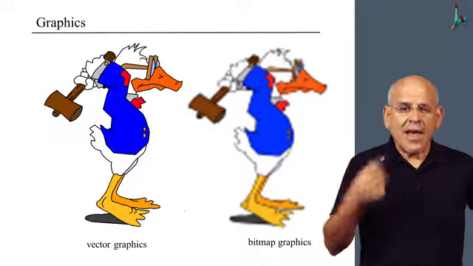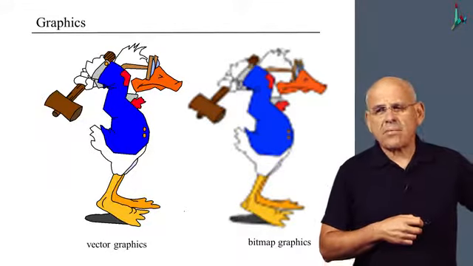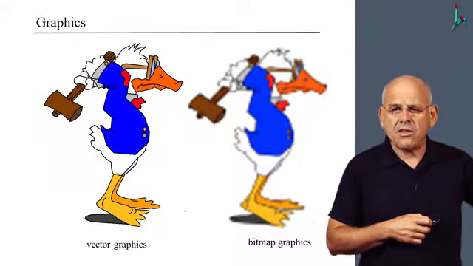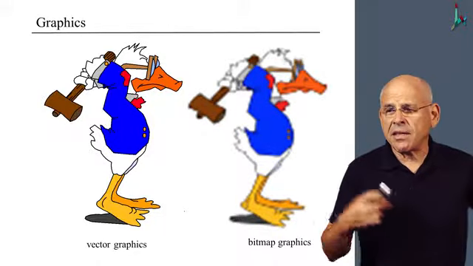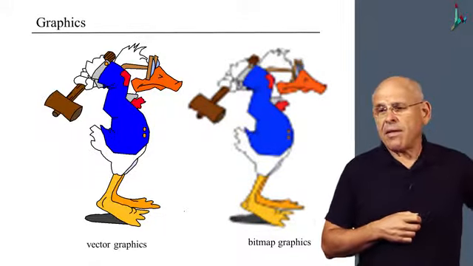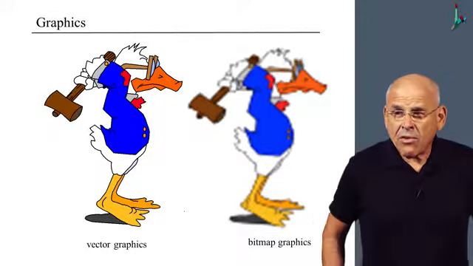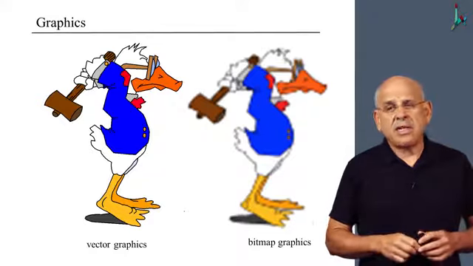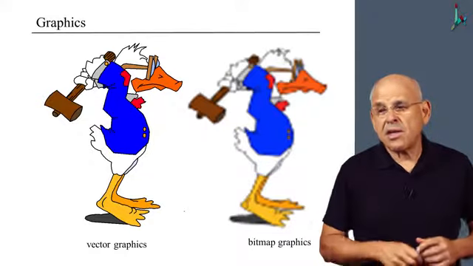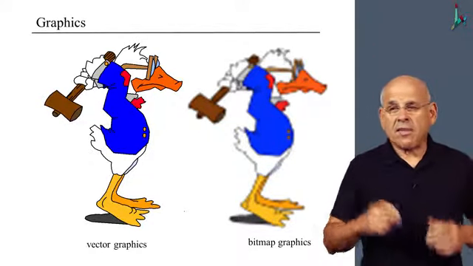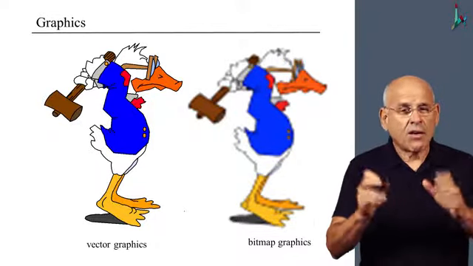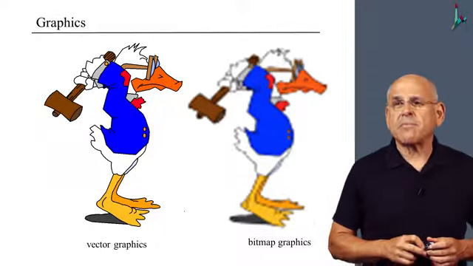The image on the left is managed using what is known as vector graphics, and the image on the right is an example of bitmap. What I'd like to do in the next few minutes is discuss the virtues of each of these techniques, and in particular I want to focus on vector graphics.